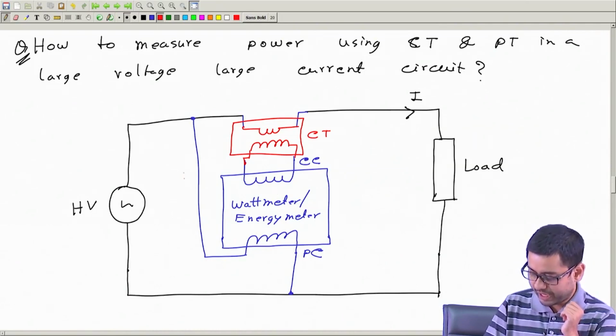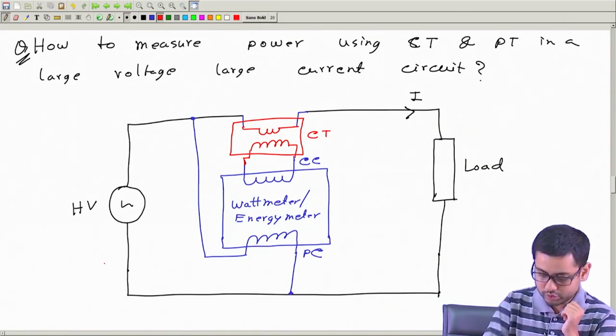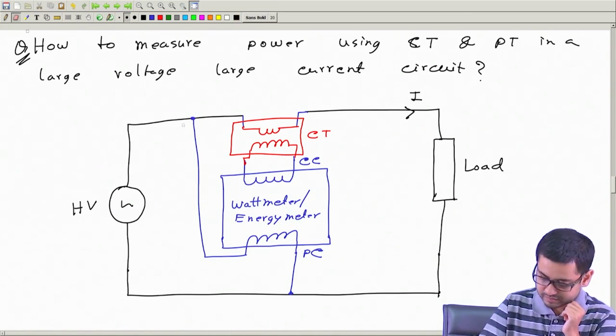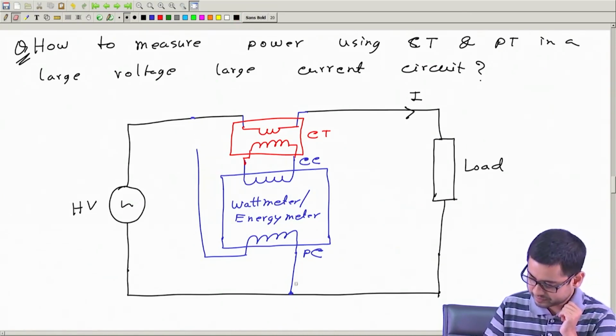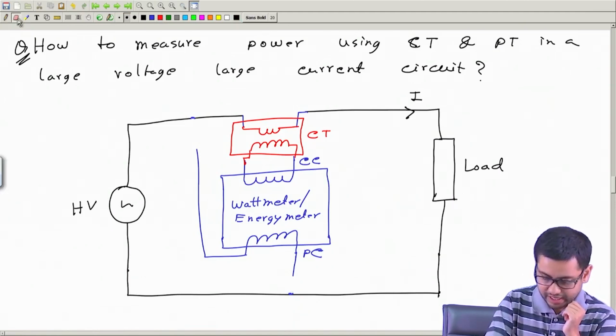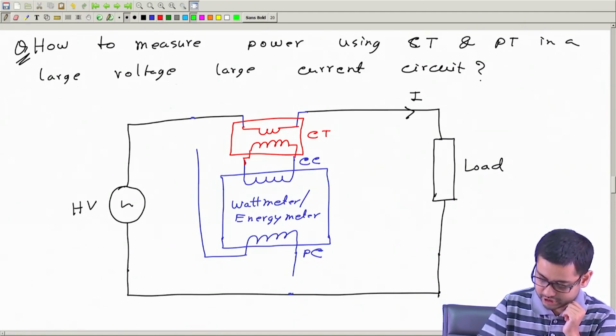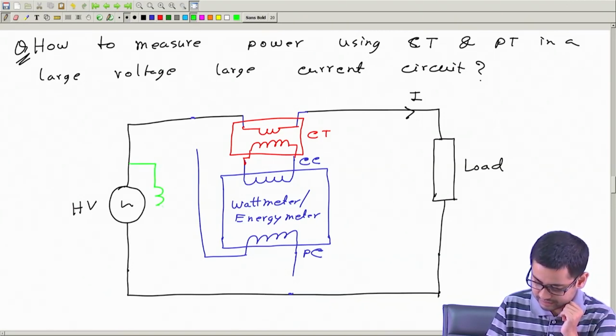Similarly, if we cannot measure this voltage directly because this is a high voltage, what can we do? We will disconnect it from here and connect a potential transformer, which is a step down transformer.